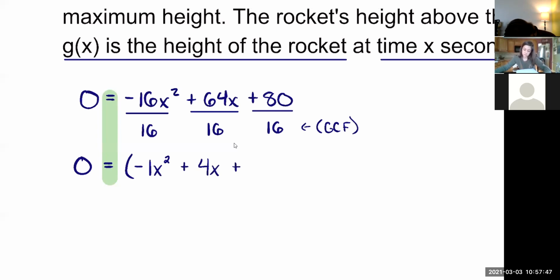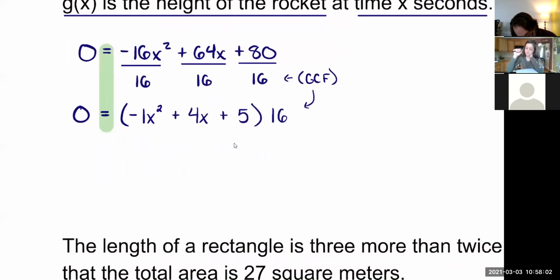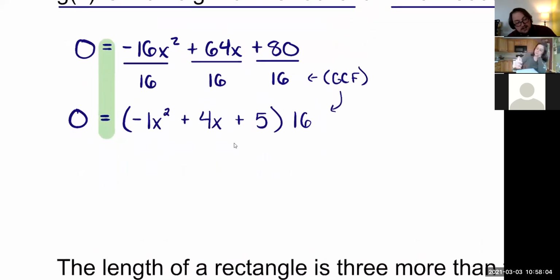And 80 divided by 16 is going to give me 5. And my greatest common factor is still there. So we're still going through the same process. It just looks like a mirrored image of it. Now, I'm not done.